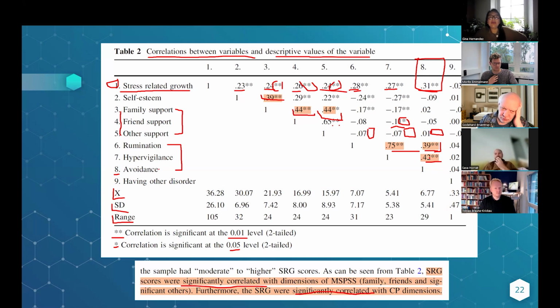So you are looking at number 6, 0.28 rumination and growth, and comparing it to number 8, avoidance, 0.31. Yeah, exactly. You have a great point, Sasha.